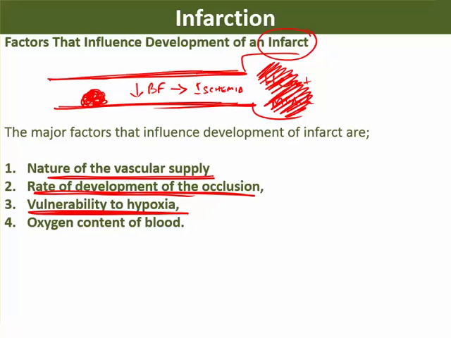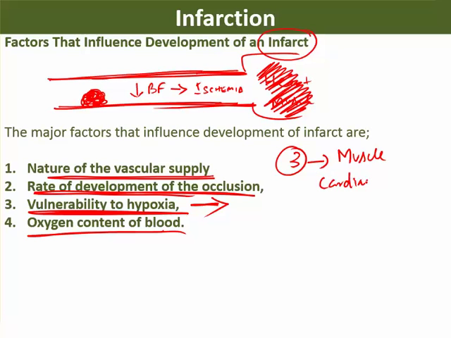Vulnerability to hypoxia means, I'm giving three examples. We'll take three tissues: one is skeletal muscle, another is cardiac muscle, and the other is brain.